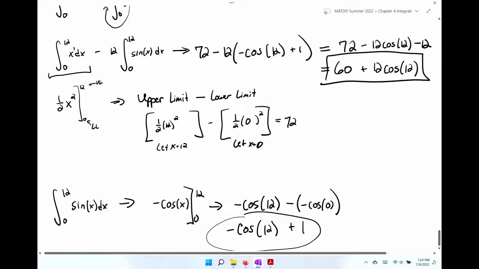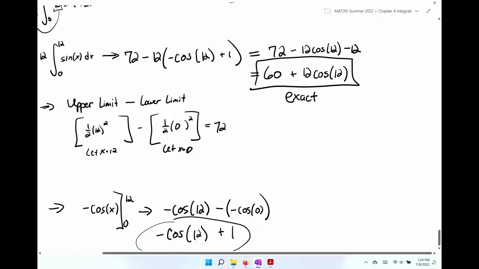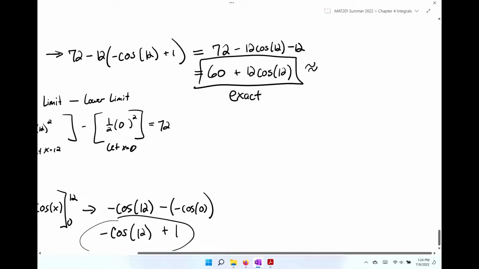All right, so remember, this is an exact answer. But if we wanted to, we can take this one step further. And we can say, well, this is approximately 70.1262 in terms of area underneath the curve.